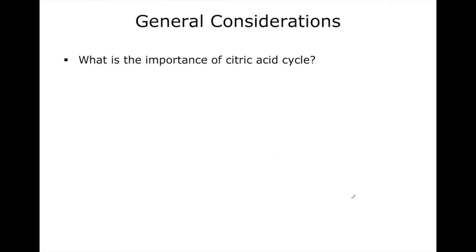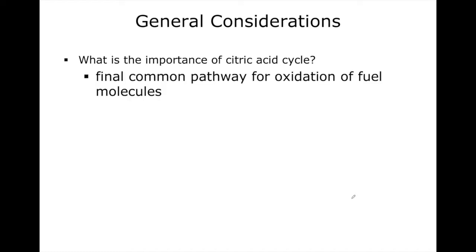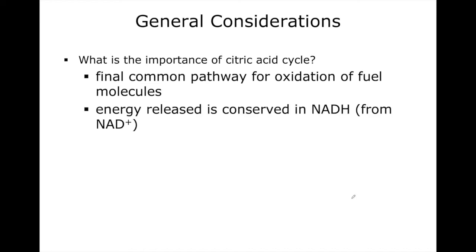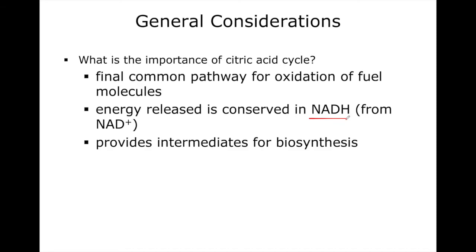So why is the citric acid cycle important? Well, it's a final common pathway for oxidation of fuel molecules. So in other words, these molecules like acetyl-CoA can be oxidized, and that energy, as we mentioned before, is conserved in our reduced electron carriers, primarily NADH. It also produces intermediates for biosynthesis.